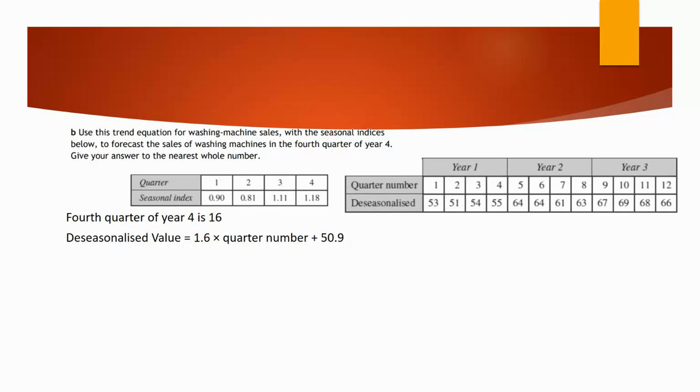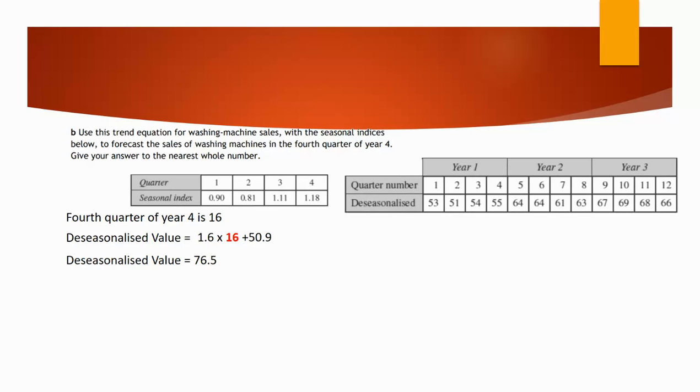Therefore, from the previous slide, the deseasonalized value is equivalent to 1.6 multiplied by the quarter number plus 50.9. Here we substitute the quarter number with 16, and you calculate the deseasonalized value to be 76.5.